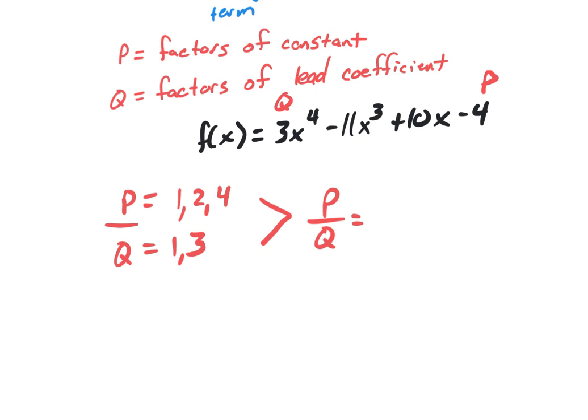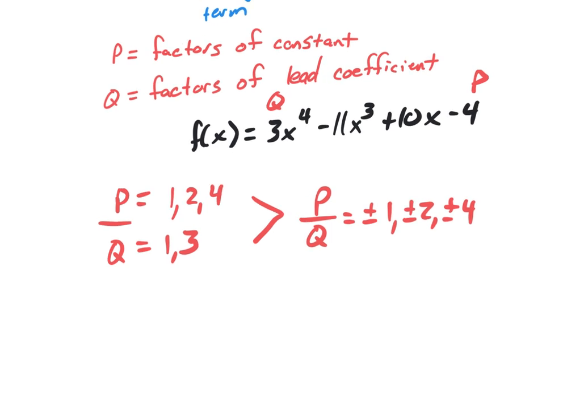If I divide 1, 2, and 4 all by 1, it's just going to give me the same thing back. But we always put plus or minus on each one.